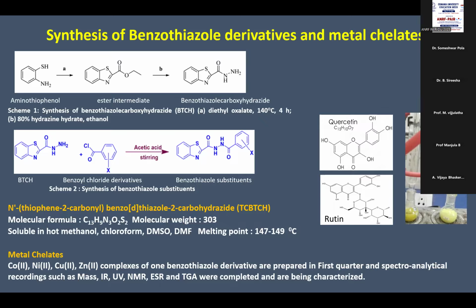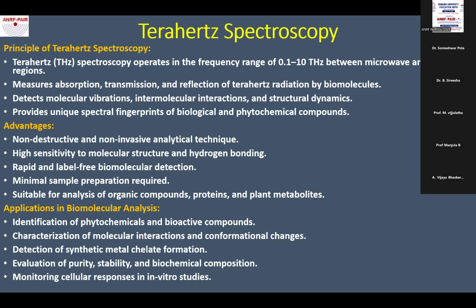So we have synthesized complexes of the synthesized benzothiazole carbohydrazide derivative, and also with rutin and quercetin. The metal ions used for the complexation are cobalt 2, nickel 2, copper 2, and zinc 2. Next slide, please.